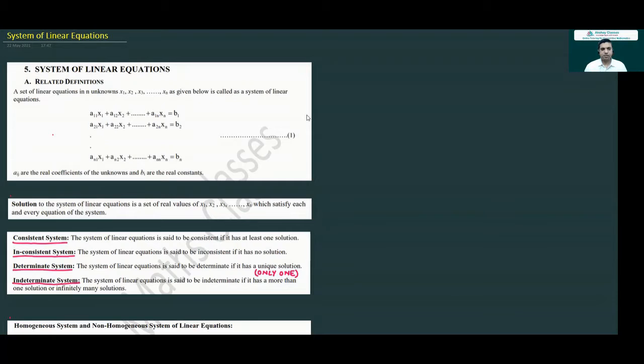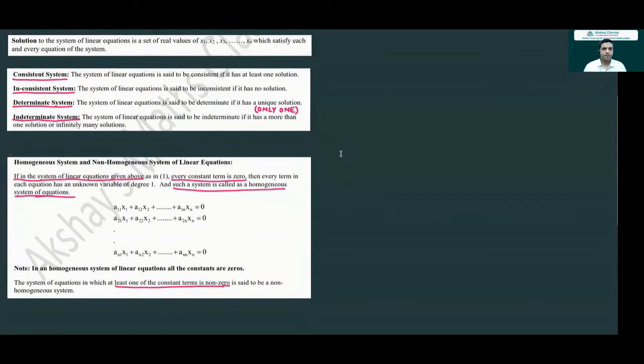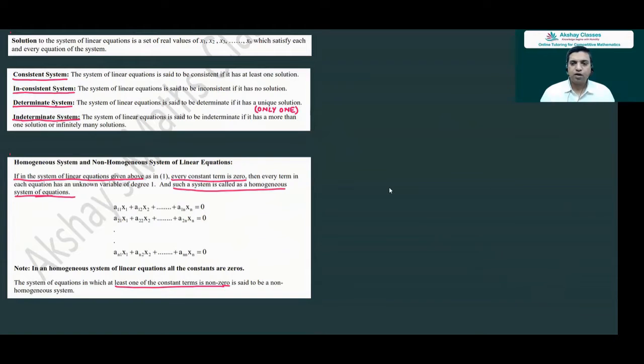Now, the system of linear equations can be called homogeneous or non-homogeneous. When is it called a homogeneous system? It is called a homogeneous system when all the constants b1 to bn are zeros: b1 equal to 0, b2 equal to 0, b3 equal to 0, and bn equal to 0.